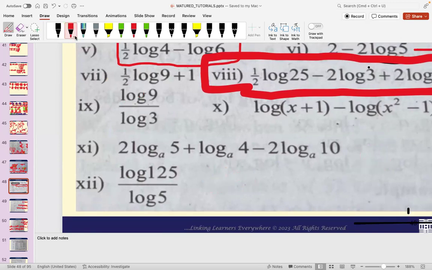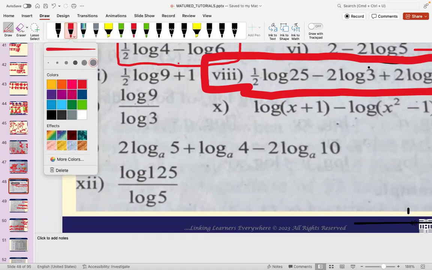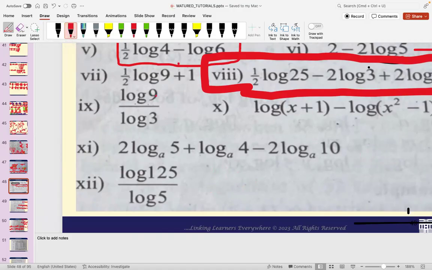For this one, we can break this 9 down to 3 squared. So log 9 divided by log 3.